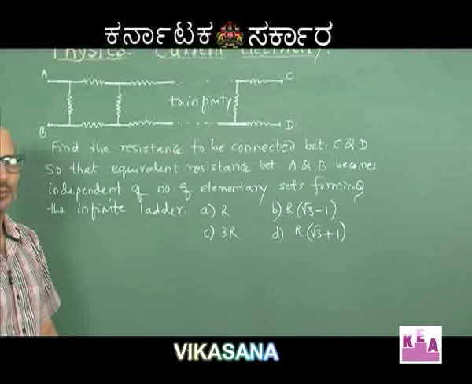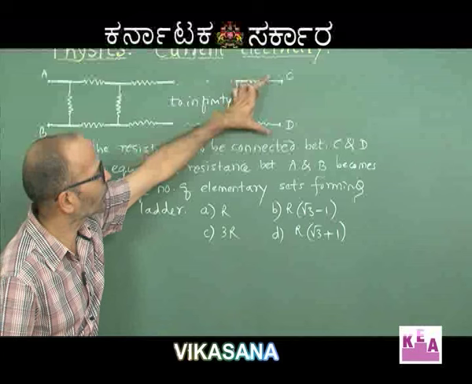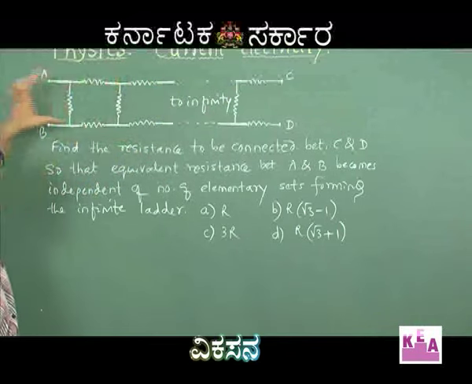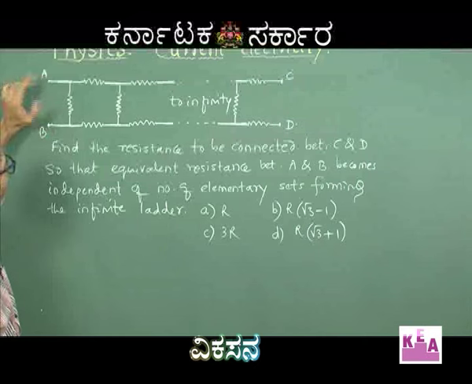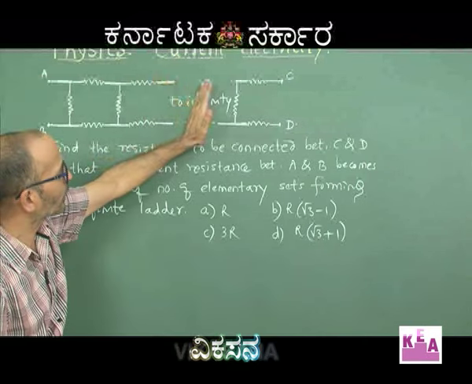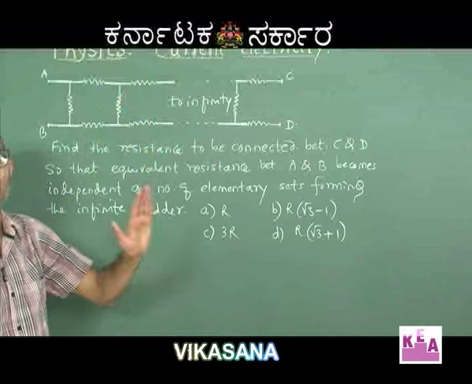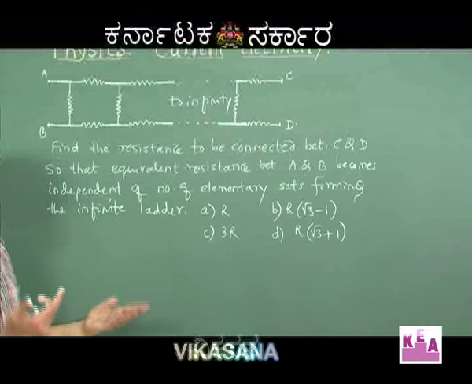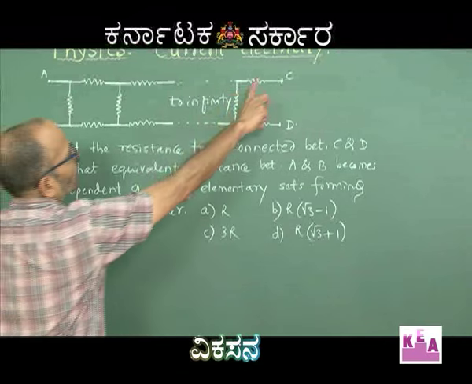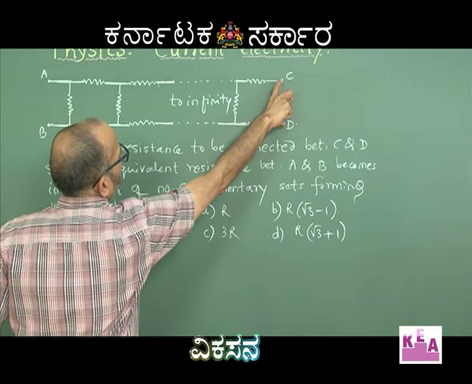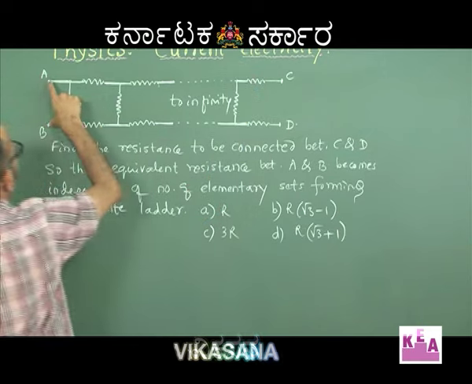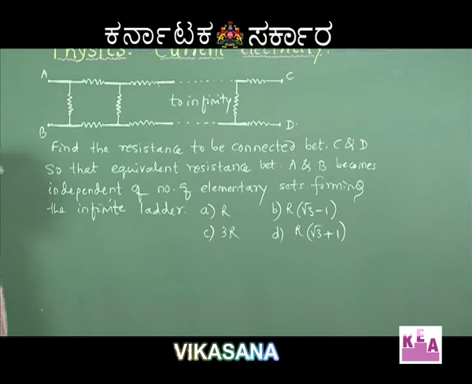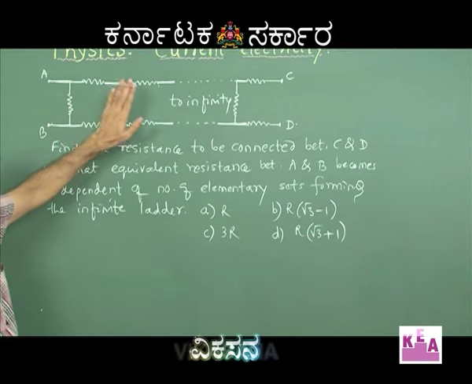So, he is asking you what resistance has to be connected between C and D so that your equivalent resistance between A and B becomes independent of these number of elementary sets forming the infinite network. So, we do not know that resistance, let us call it as say X. Now, if you connect that resistance X here, the equivalent resistance between A and B should become independent of the number of elementary sets forming the infinite ladder.